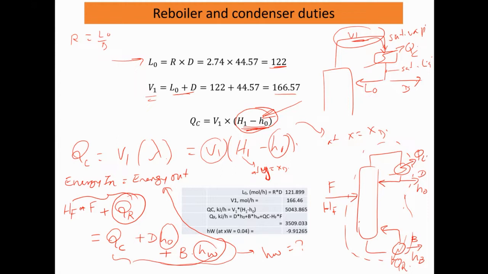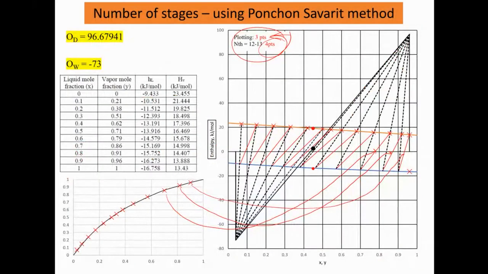Okay, so W is basically going to be the liquid, because this one is liquid here. So I have to go back to the chart, and I come here, and this is my HW. Okay, why?